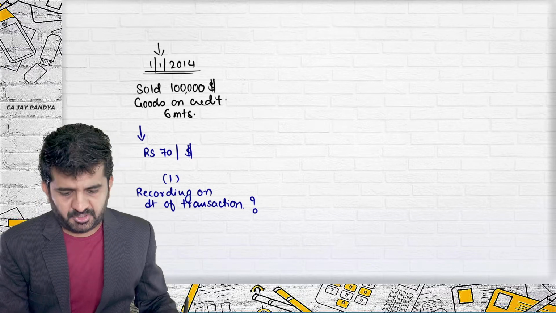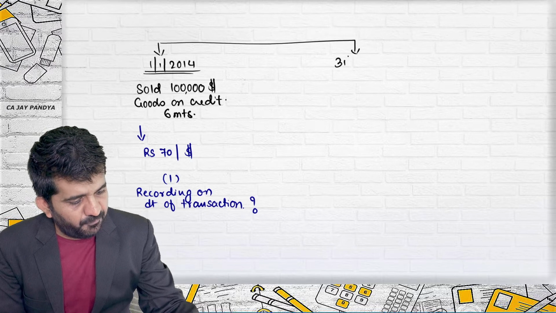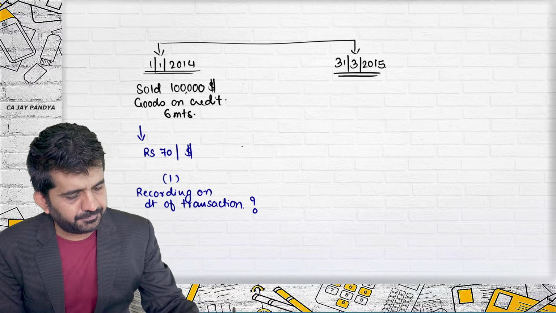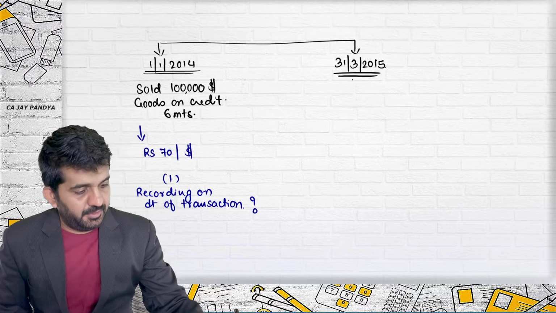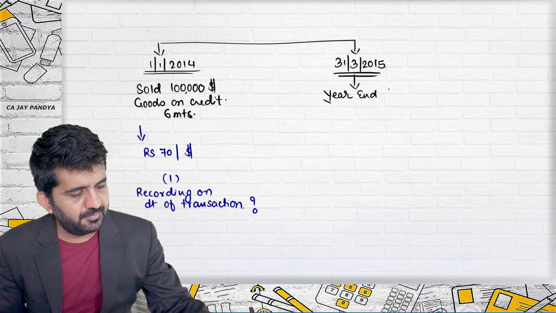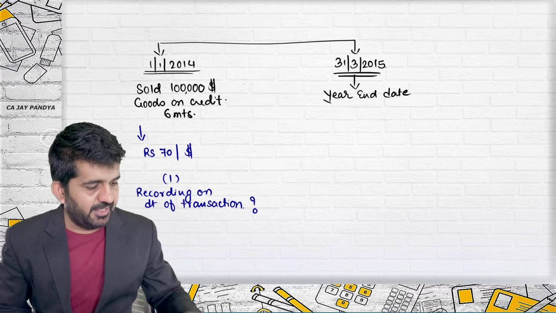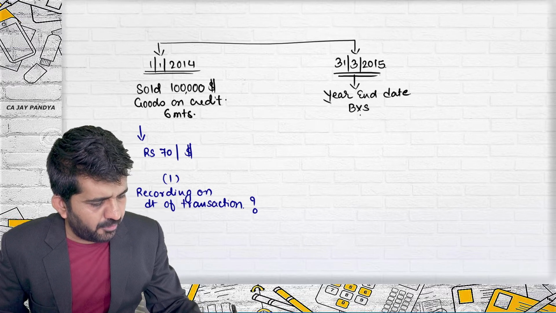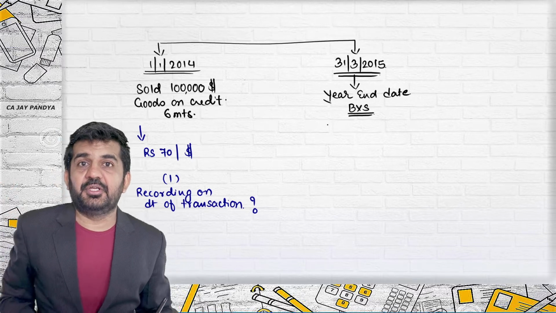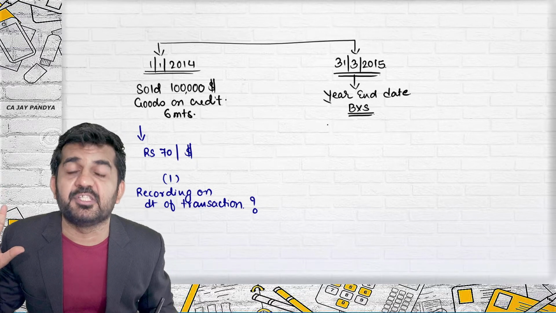Number 2, try to concentrate. Next date is 31st March 2050. This is the year-end date, when you will be preparing your balance sheet. On the balance sheet, this money was receivable after 6 months, but we have not yet received it.